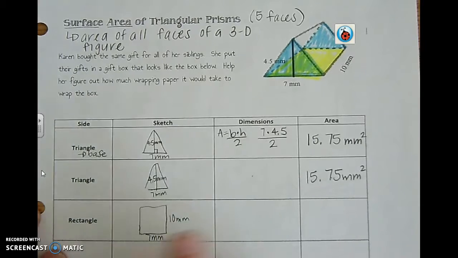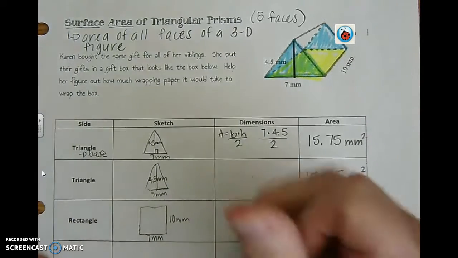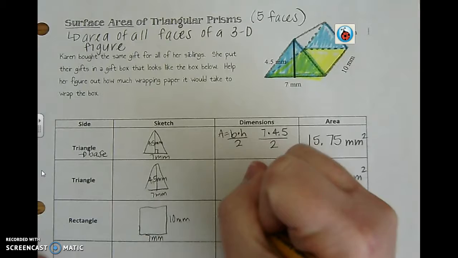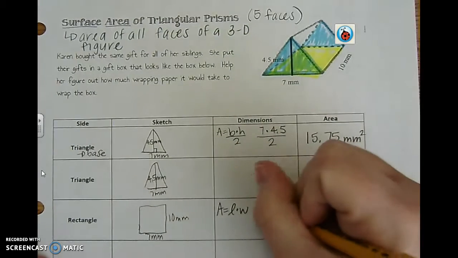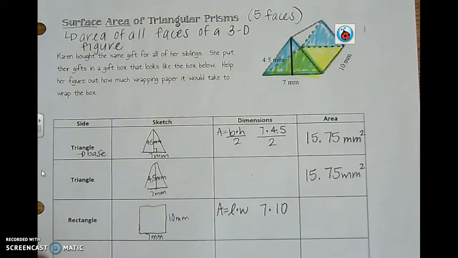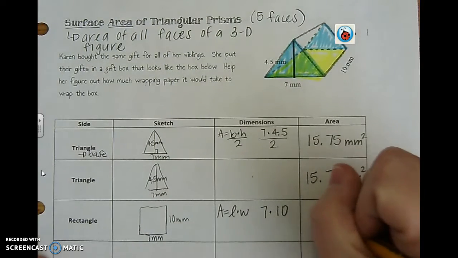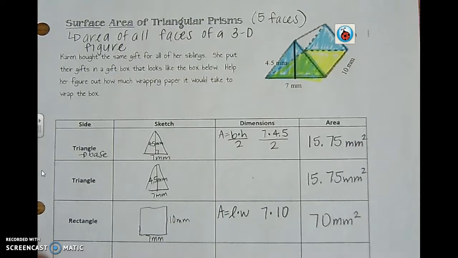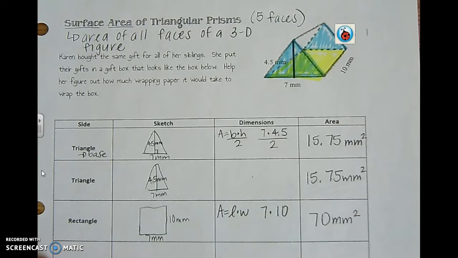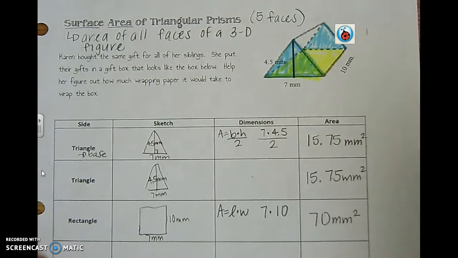A rectangle has its own area formula, and that is length times width. So I'm going to substitute these in. So the area of this rectangle is 70 millimeters squared. So right now I've completed 3 faces out of 5.